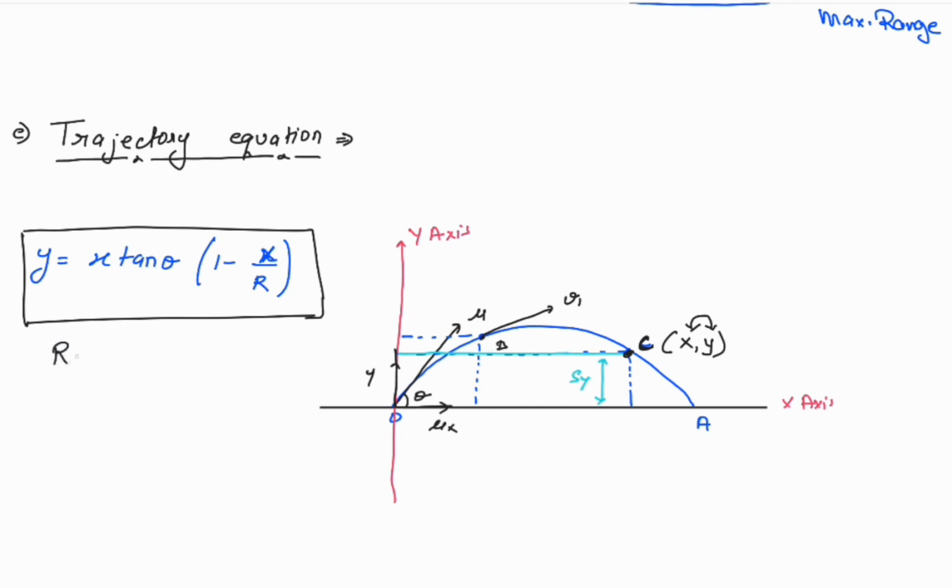What is the R over here? R is the range. You will need to put the formula of range. What is theta? Theta is the initial angle of the projectile from the x-axis.